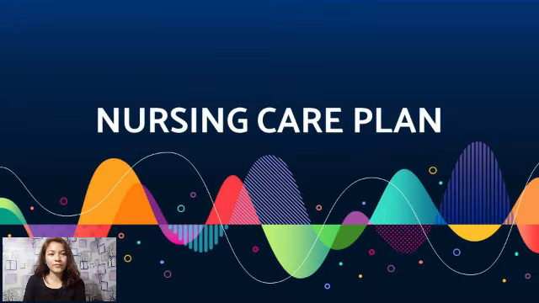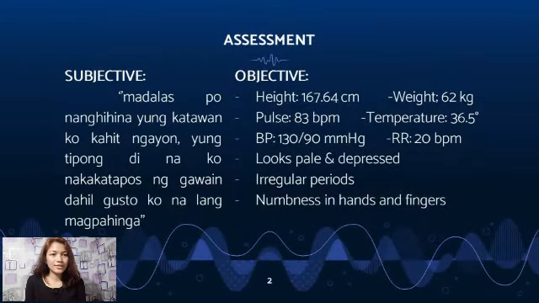So, here's the nursing care plan for the patient. In assessment, the subjective cue is, "Madalas po nangihina yung katawan ko kahit ngayon. Yung tipong di na ako nakakatapos ng gawain dahil gusto ko na lang magpahinga." The objective cues are: the height is 167.64 cm, the weight is 62 kilograms, pulse is 83 beats per minute, temperature is 36.5 degrees Celsius, blood pressure is 130/90 millimeters of mercury, and the respiratory rate is 20.